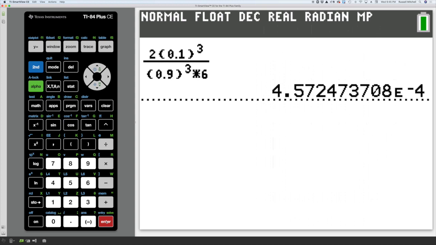We get 4.5724. That's what we're going to record on our paper.